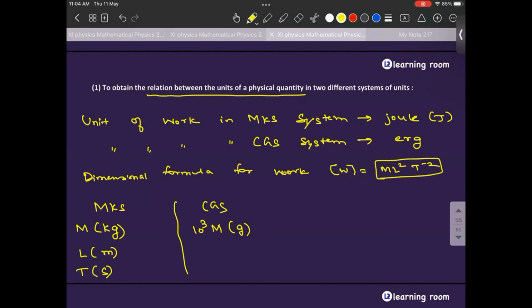Similarly, the length here is in meters, so in the CGS system it should be in centimeters, so I write 10^2 times L in centimeter. Whereas time is 10^0 times time in second.